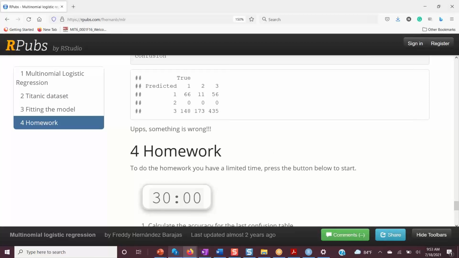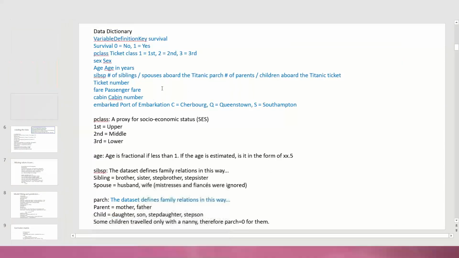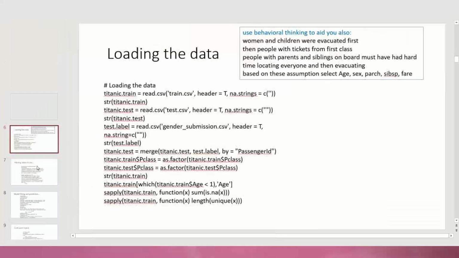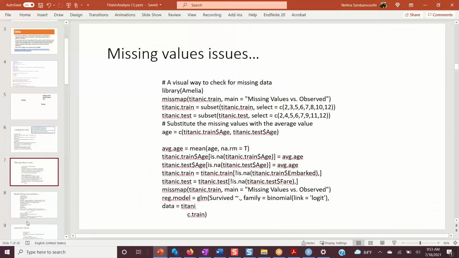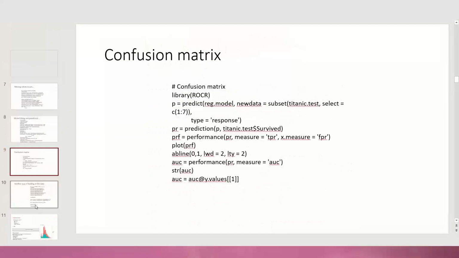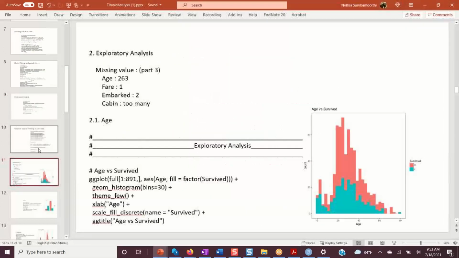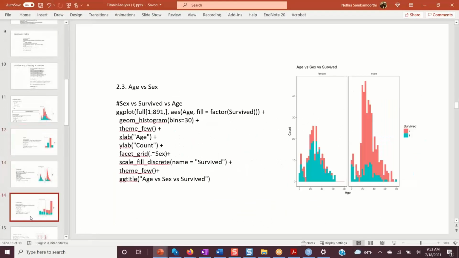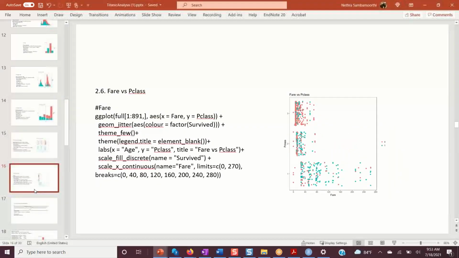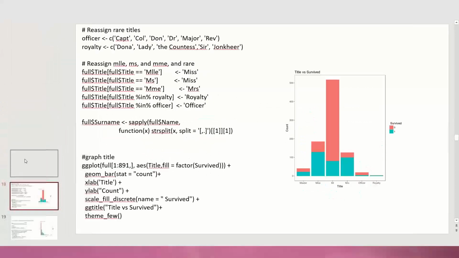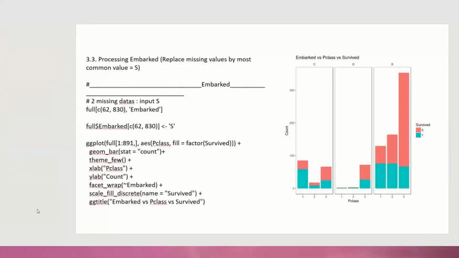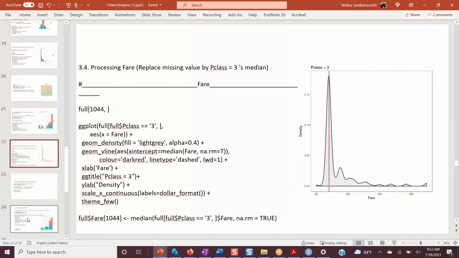All right. So let us see another example. I have gone through this deck. It is a very extensive deck for Titanic data analysis.